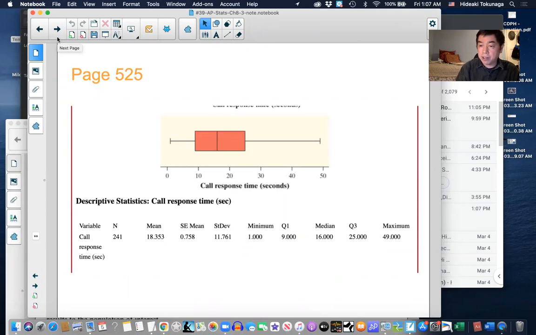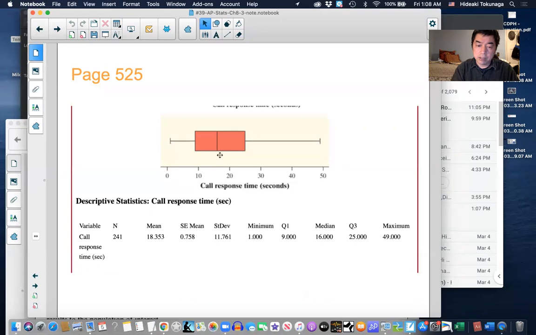Spread, outliers, center, and... what's the last S? I forgot.